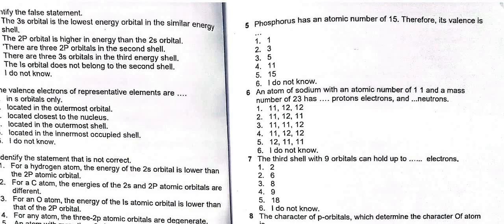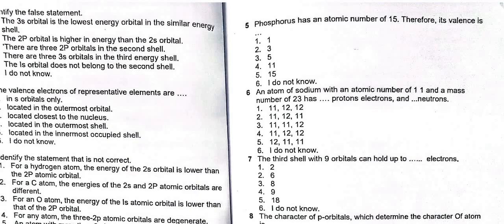Then number 6, an atom of sodium with an atomic number of 11 and a mass number of 23 has, so it's going to be 3. The number of protons and number of electrons is the same, 11. The number of neutrons, you just subtract 23 minus 11, so you get 12.